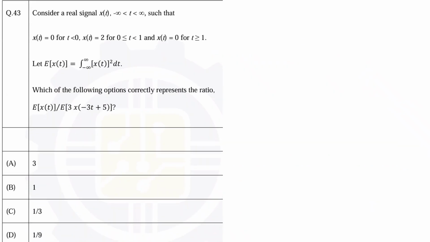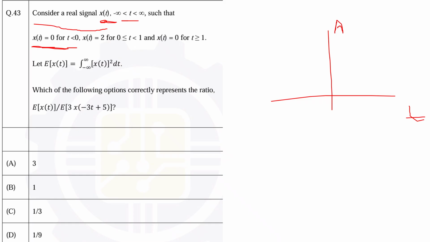The question is: consider a real signal x(t) defined from minus infinity to infinity, such that x(t) is equal to 0 for t less than 0. Suppose here is your t axis and amplitude axis. It is given that for t less than 0, there are no values, x(t) is equal to 0.